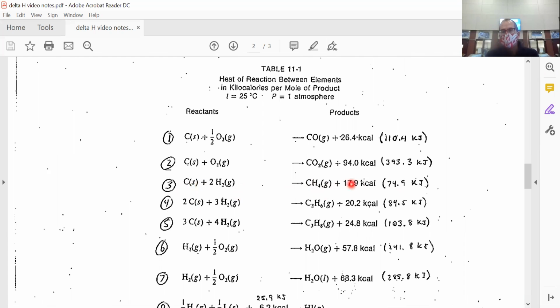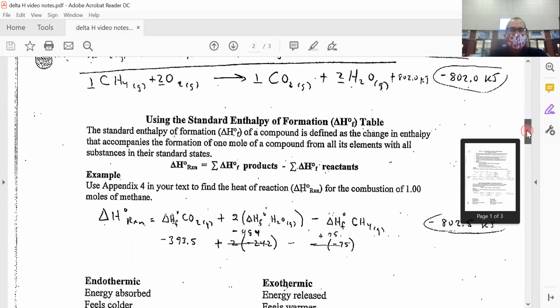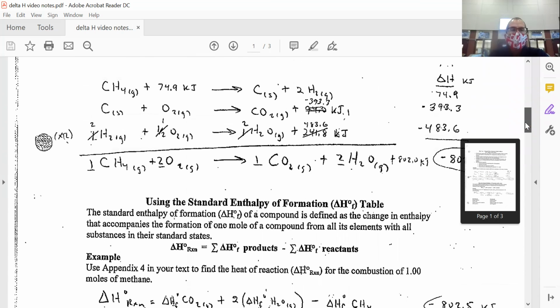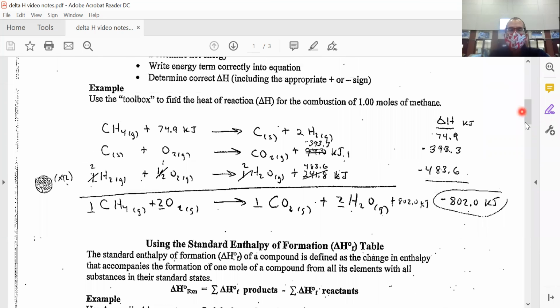So instead of releasing 74.9, when I flip it, it's going to be absorbing 74.9. So let's go back and see what we do when we write that in there. So I just write CH4 plus 74.9 gives me the carbon and the two hydrogens, and now this becomes a positive in the reverse direction. It is an endothermic process.